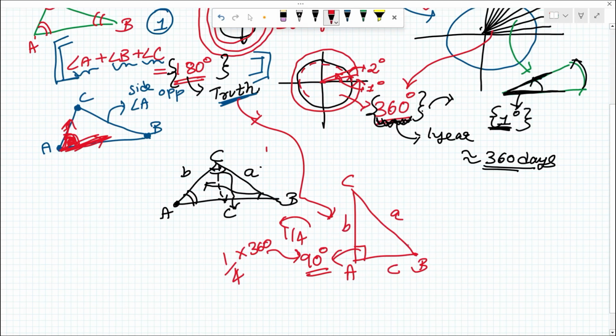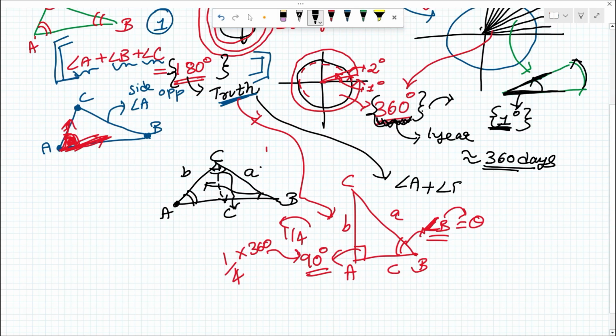Let us say that this angle, this is angle B, right? Instead of writing it as angle B, I'm going to give it the Greek letter theta. I just don't want to write the angle sign each and every time. So by this fact that we have discussed, angle A plus angle B plus angle C must be equal to 180 degrees.